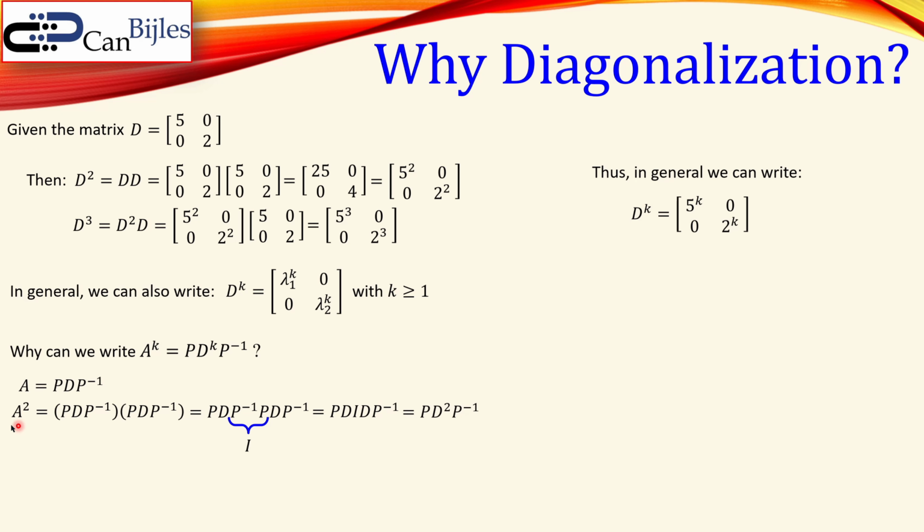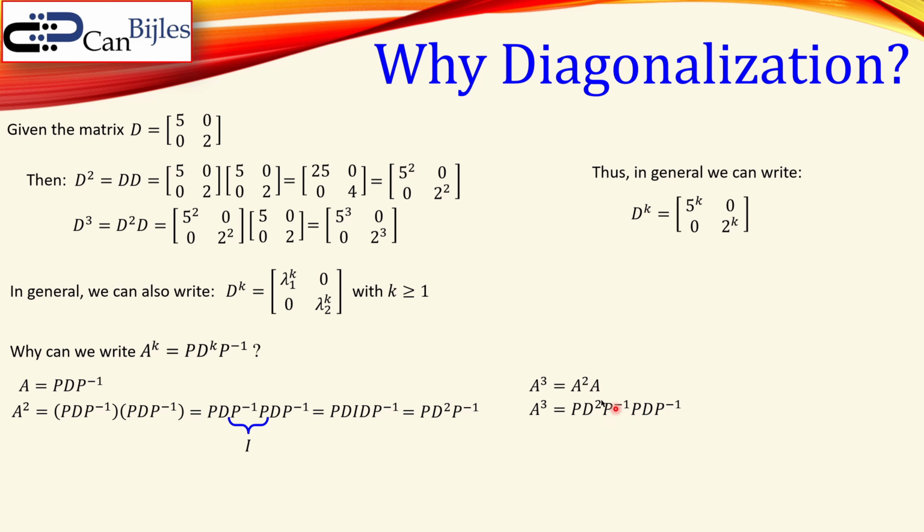So that's interesting. So going from a squared, you can go to p d squared p inverse. So the only thing that is to take into power, which is in this case 2, is only the matrix d, and the p and the p inverse will stay the same. Let's do another one. A to the power 3, which is then a squared times a. Now we already have that, so we just copy this p d squared p to the power minus 1, so this is just p inverse.